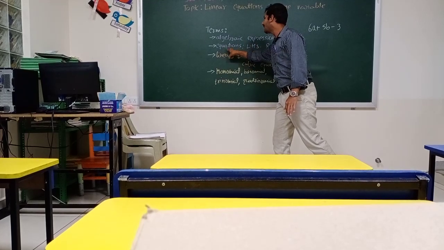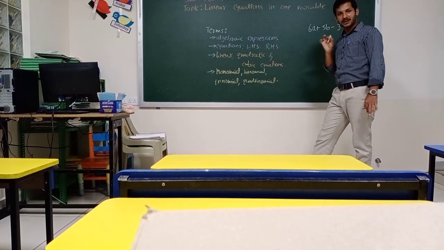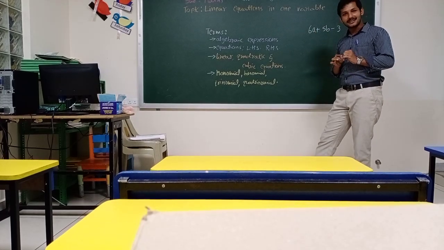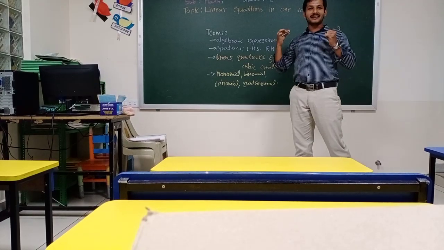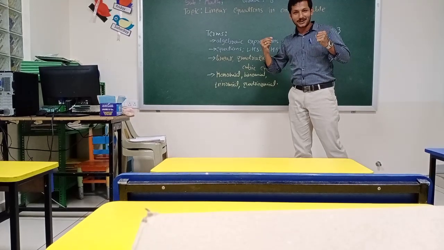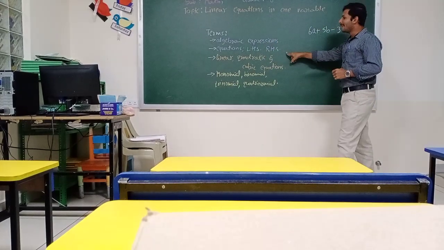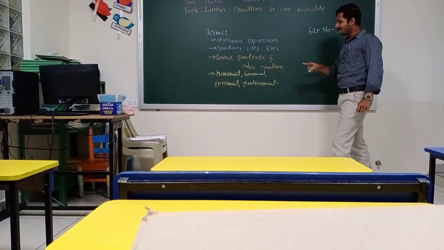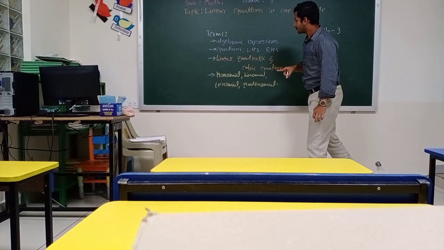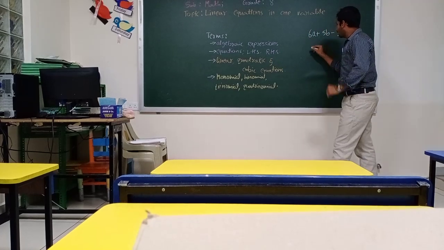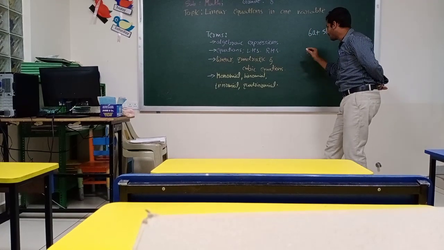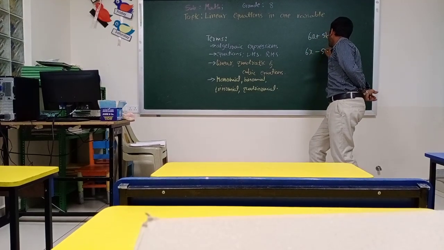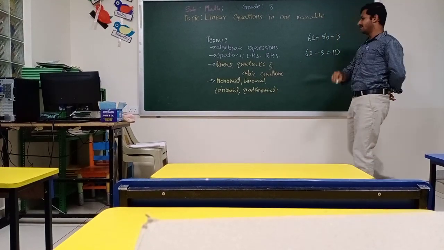Next term is equations. Do you remember some equations that you struggled to solve last year? Hope you are able to remember them. How can you forget it? You cannot, right? We had LHS and RHS there. In equations, for example, I will give you one example of an equation: 6x minus 5 equal to 10.